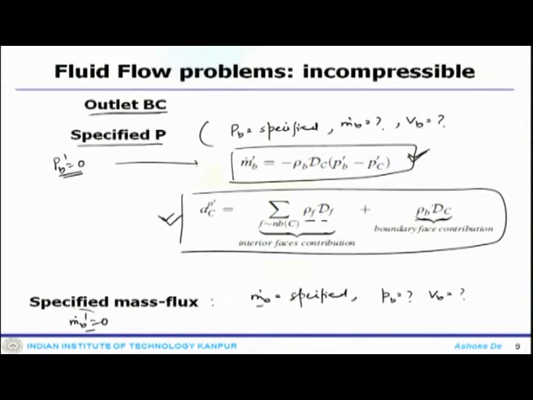By setting this 0, one can do that, and then the pressure correction at the boundary is set equal to the pressure correction at the boundary cell centroid. So, using that one can solve the specified mass flux conditions.